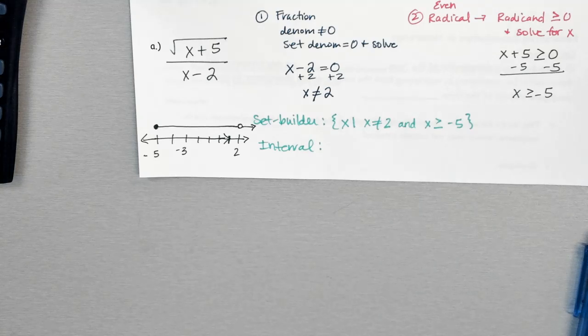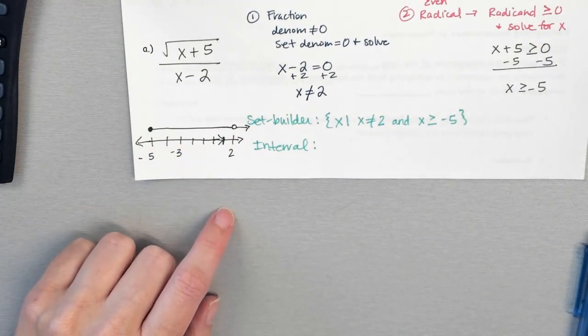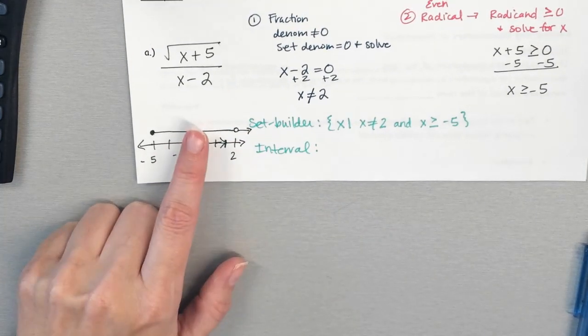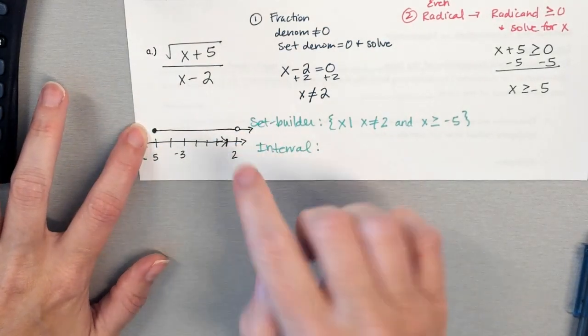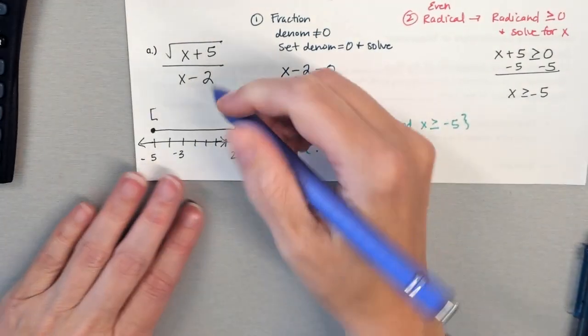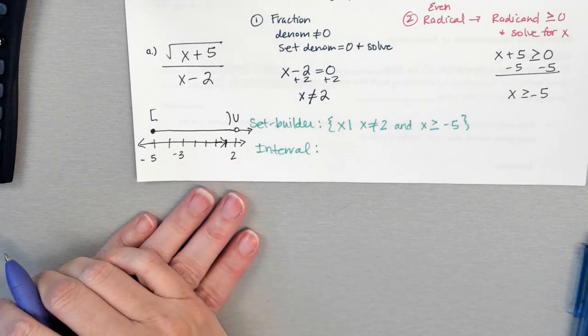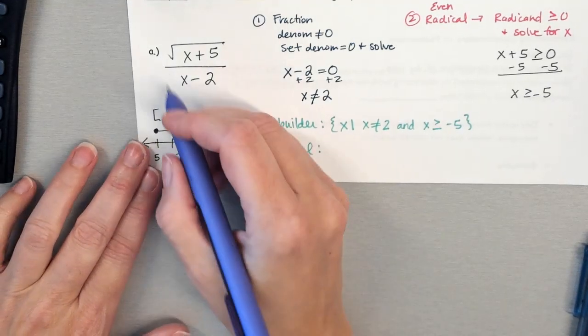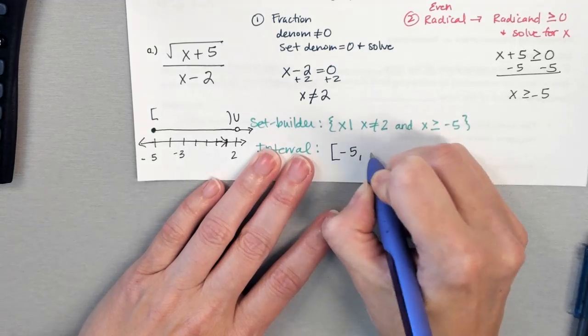So that breaks the line up into 2 different intervals. If you have a closed circle, do you remember what kind of bracket that is? A hard bracket. If it's open, it's a soft bracket. We connect it with a union. So it would go from negative 5 to 2.